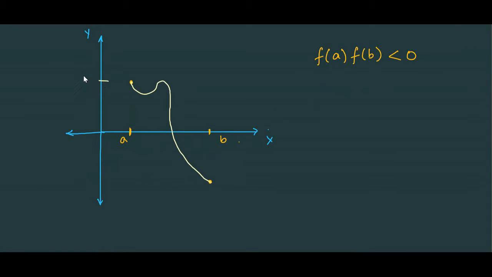This is f of a and f of b. Because the function is continuous, you will have to cross the x-axis, and this curve will necessarily cut the x-axis at least at one point, if not more.